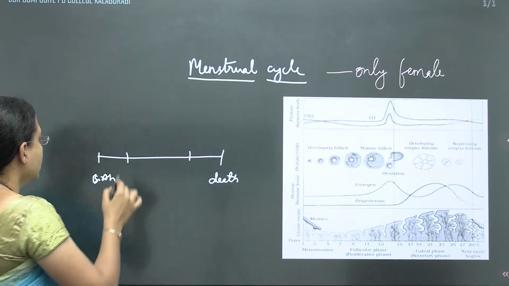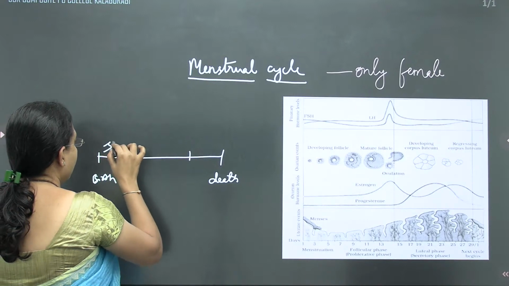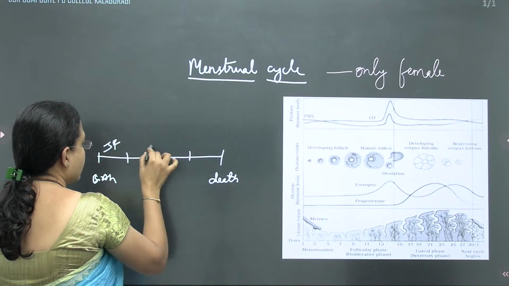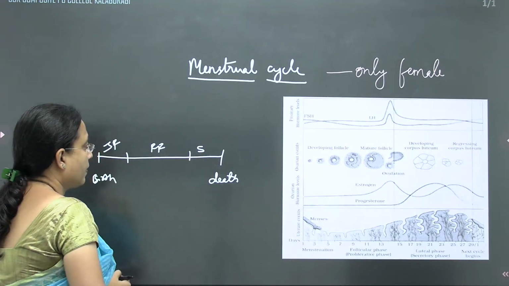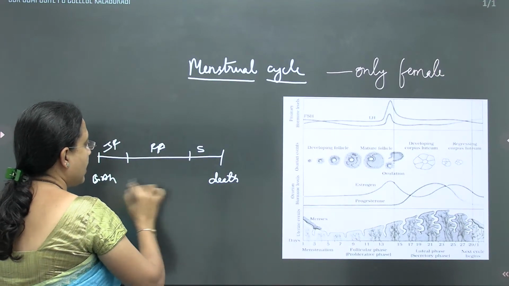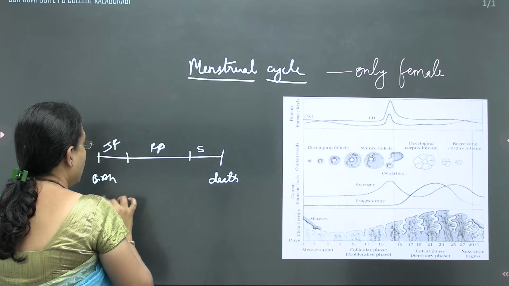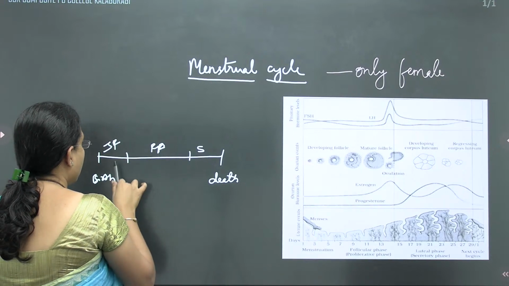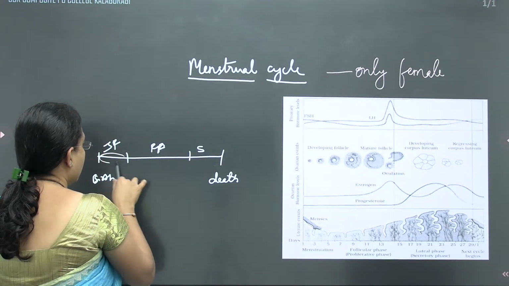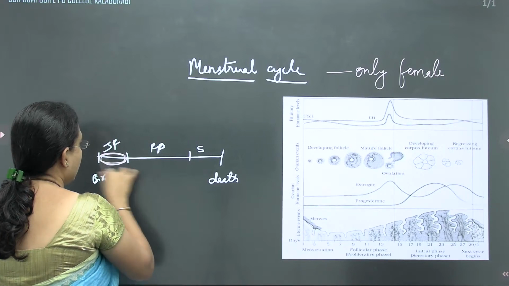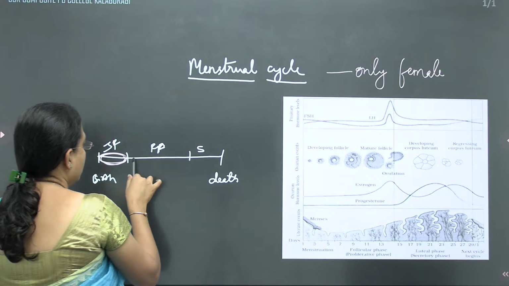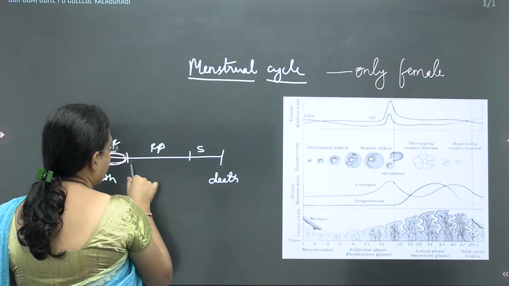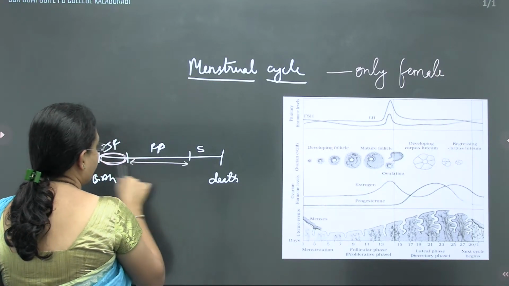This is the juvenile phase, this is the reproductive phase, and senescence. The menstrual cycle usually does not occur in the juvenile phase. It is going to occur in the reproductive phase.